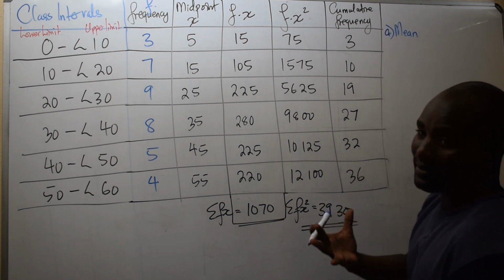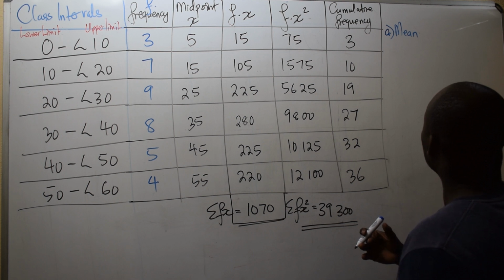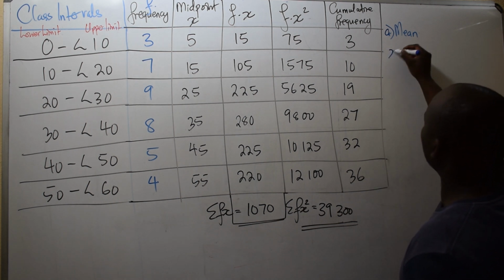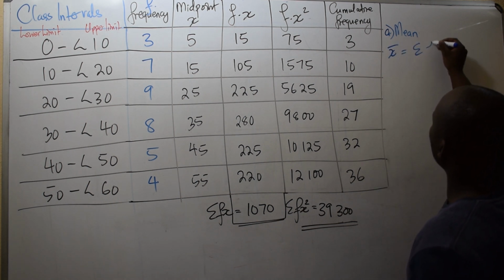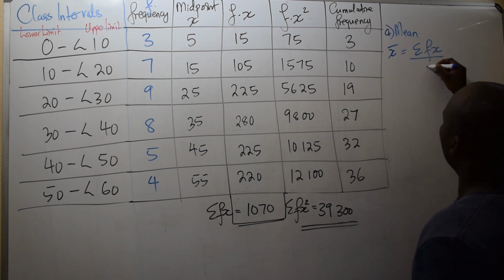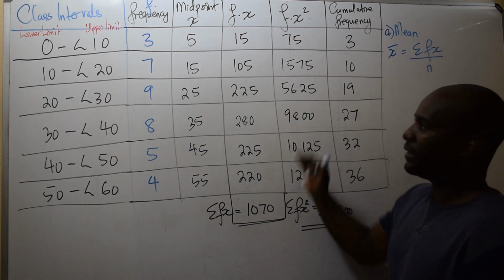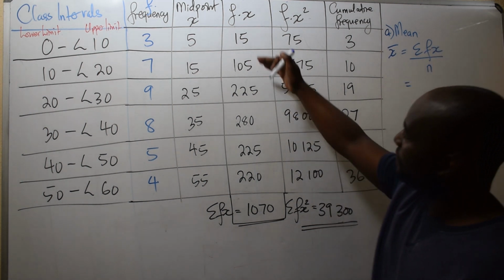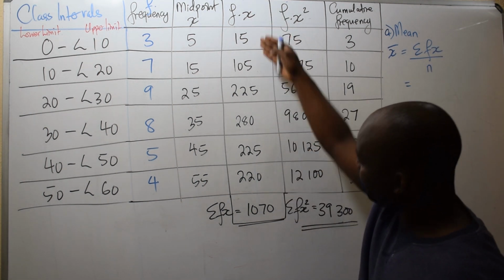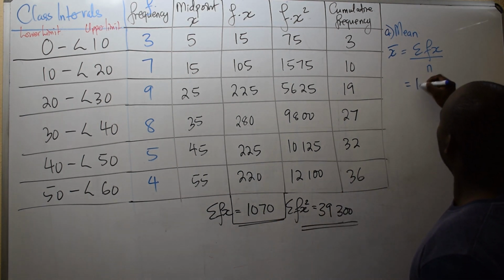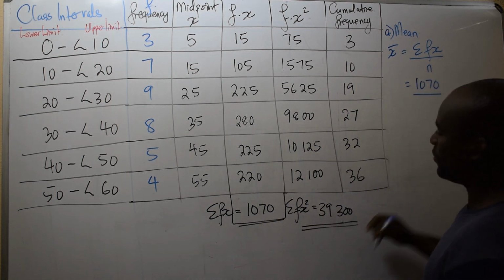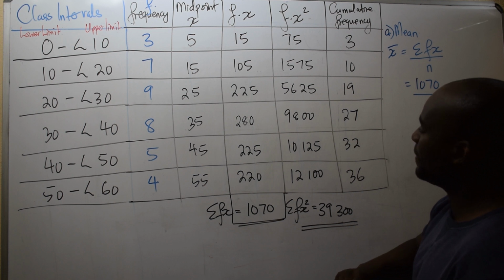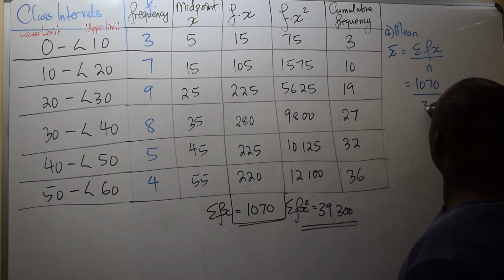The mean is the average, and to calculate the mean, we need the formula: x bar equals summation of fx over n. This is the grouped formula because this is grouped data. So we substitute. The summation of fx is 1070, and we divide this by the total, which is 36.